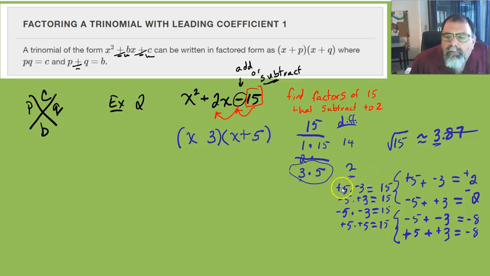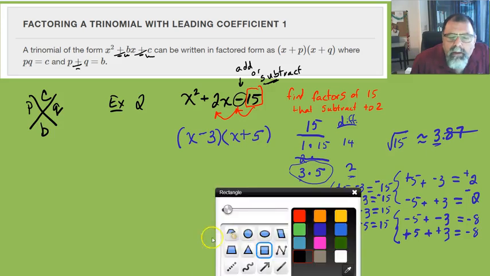If the signs are different, the answer is negative. If the signs are the same, it's positive. Remember, the C is going to be the product, P times Q is C. So to get a negative 15, one of these two has to be negative. If the bigger one is positive, then the opposite one will be negative. And that will be my answer.